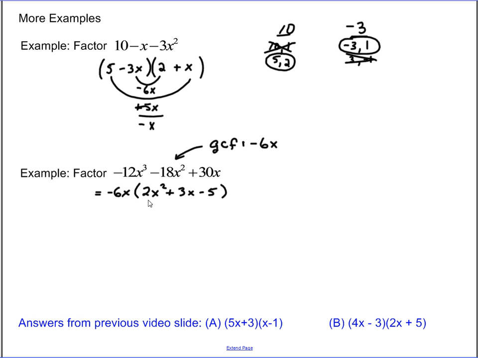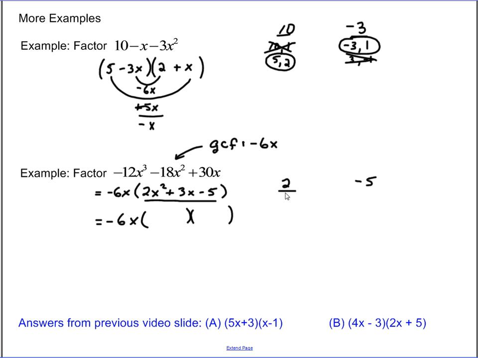So my actual factorization that I'm going to have to worry about is this one right in here, 2x squared plus 3x minus 5. So when we get our complete factorization, it will look something like this. -6x times two binomials. We only have to figure out what goes in the binomials. Well, in this case, not too bad, right? 2 is our leading coefficient. -5 is our trailing constant.